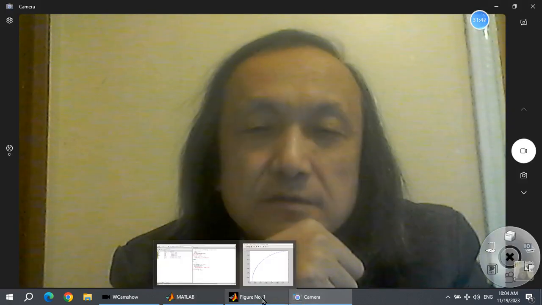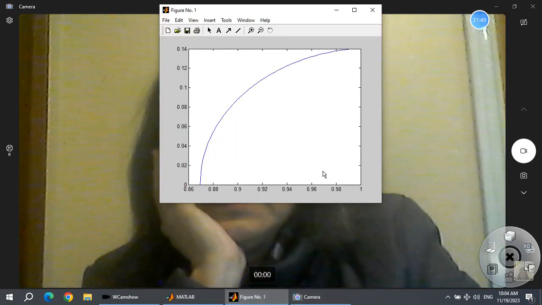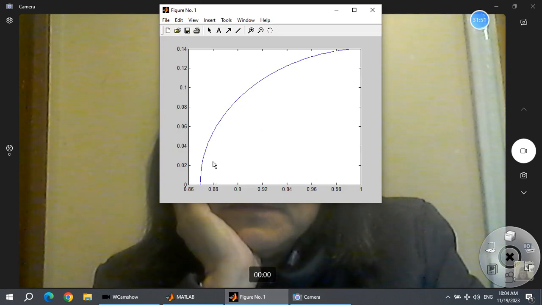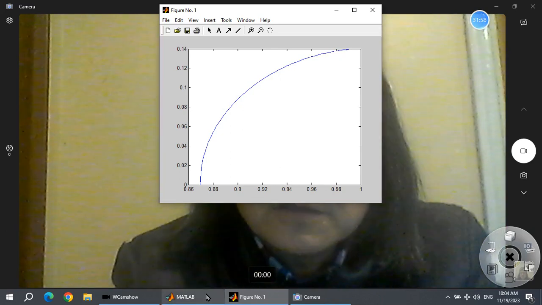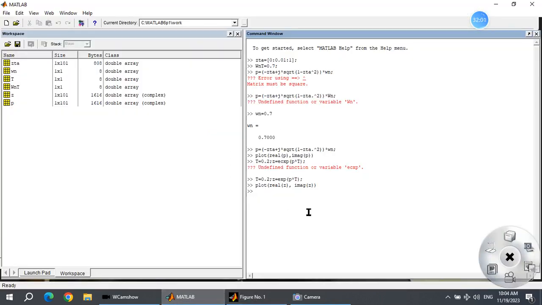Sorry, wrong one. This one still looks like a circle, but not exactly a circle. Okay, this is just one curve. We can give more circles. Now I fix P, then I multiply by t.